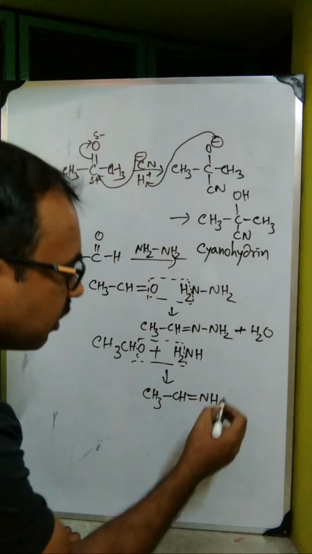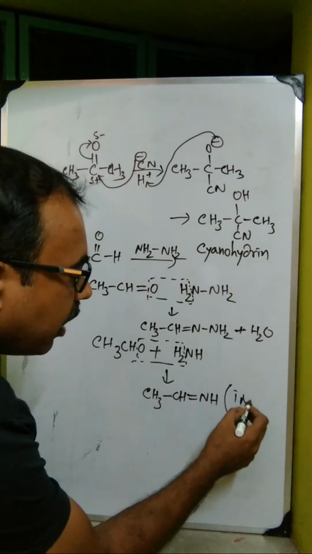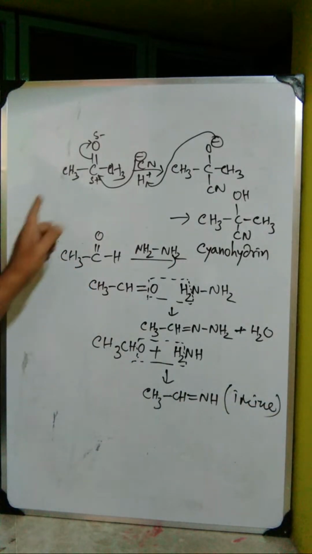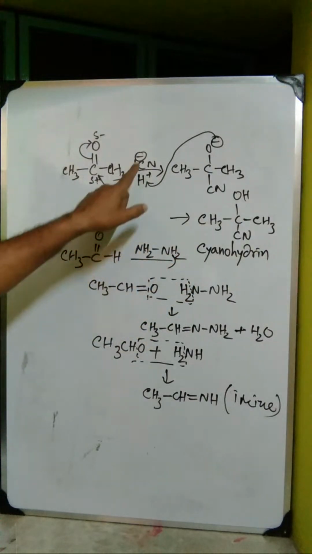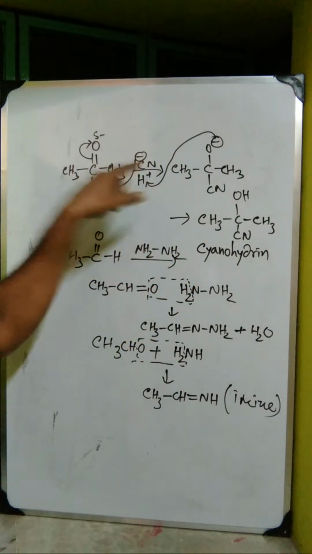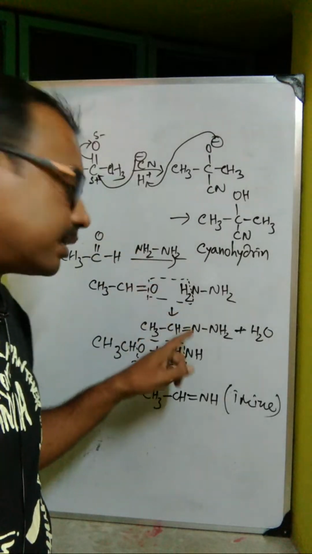So this is an imine compound. These are examples of nucleophilic addition reactions where the nucleophiles are CN minus here, and NH2 here.